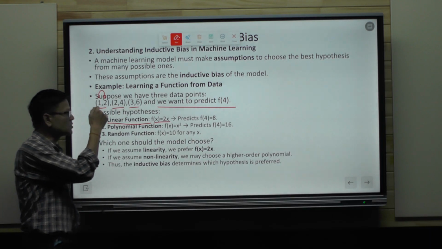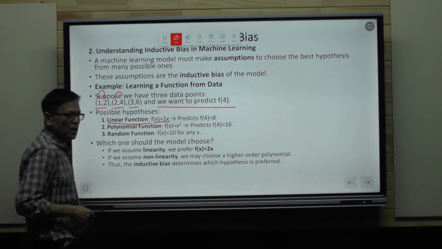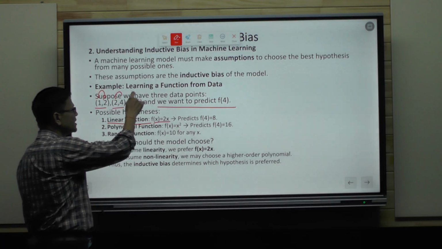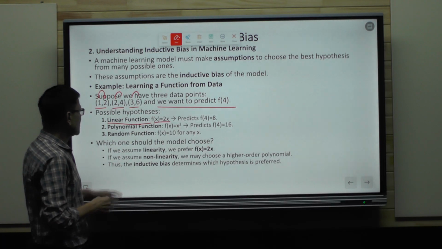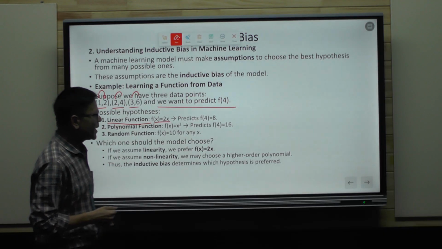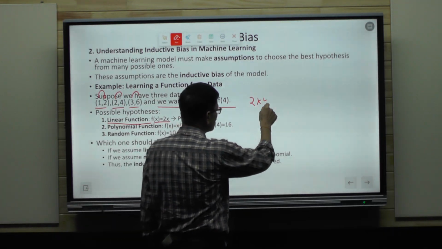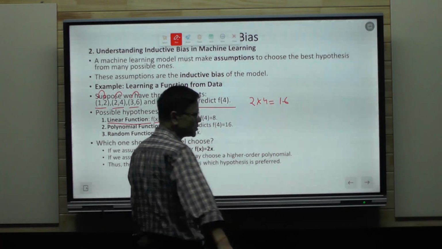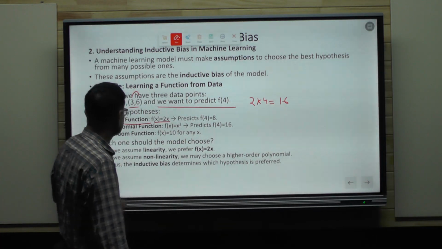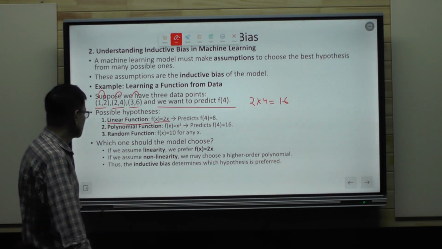Input is 1, output is 2. Input is 2 and output is 4. Input is 3 and output is 6. So at this point you can have 2 times 4, that becomes 8. The model can see it is just twice the input.